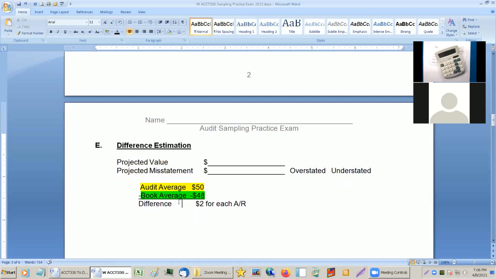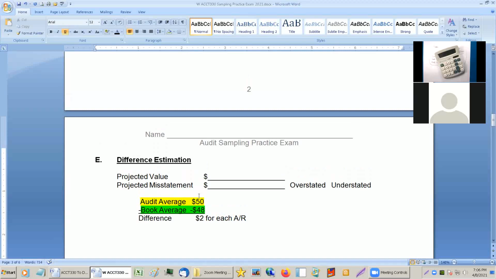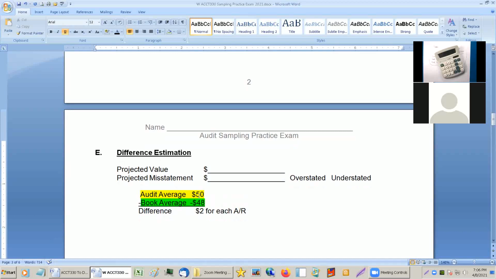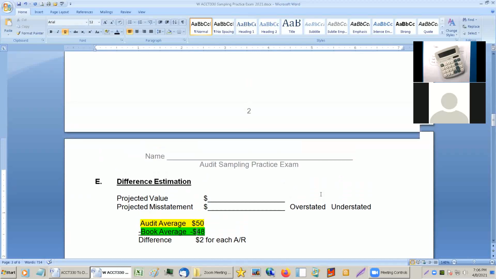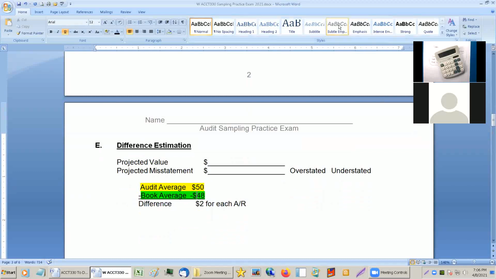Are we saying that the book value for each of these is understated or overstated? You guys are toying with me. You guys know this. Yeah, well, so what we're saying is that it's understated by $2.